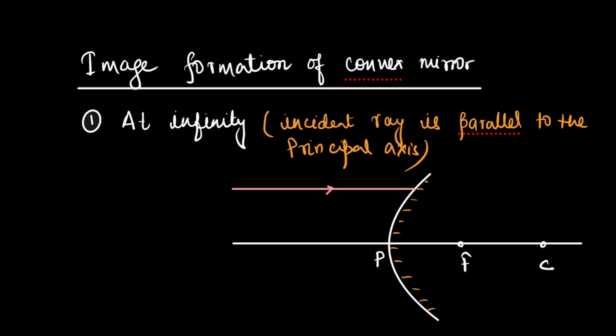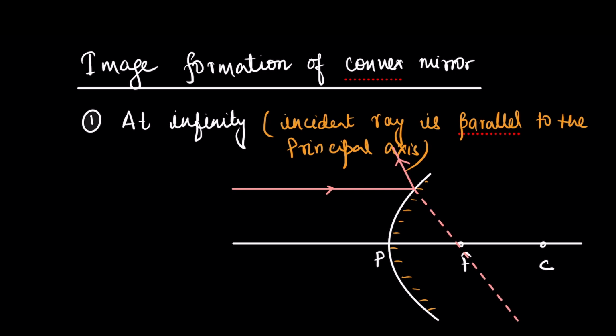So this incident ray, when it touches the surface, gets diverged. And then its dotted line will pass through the focus.